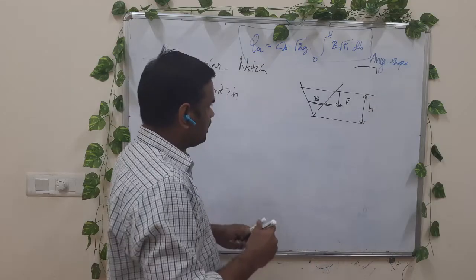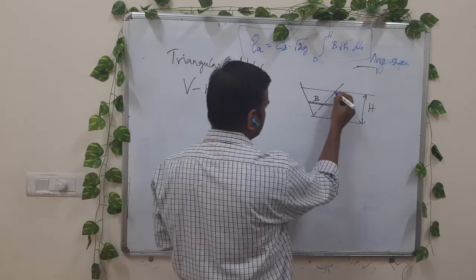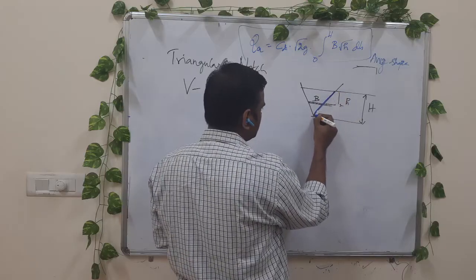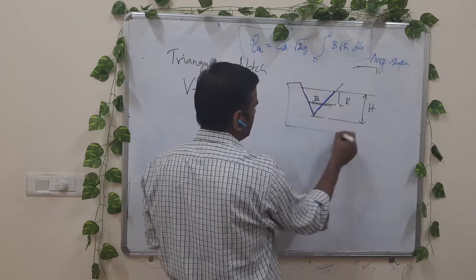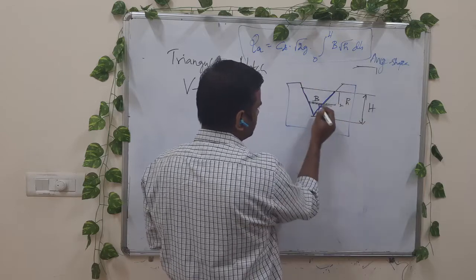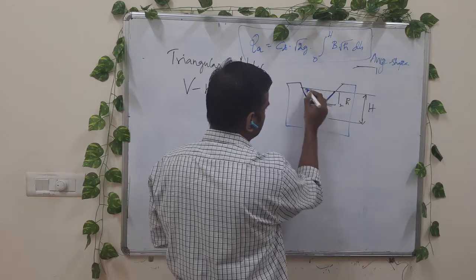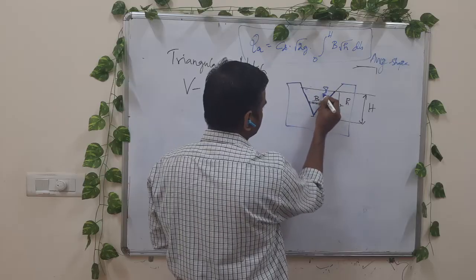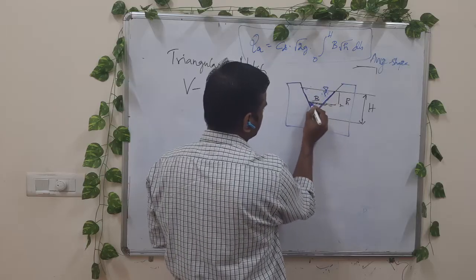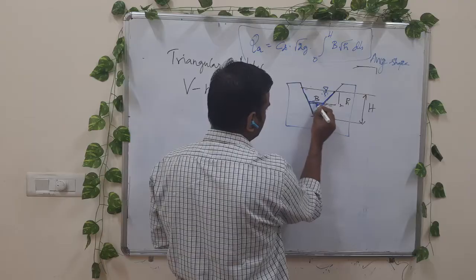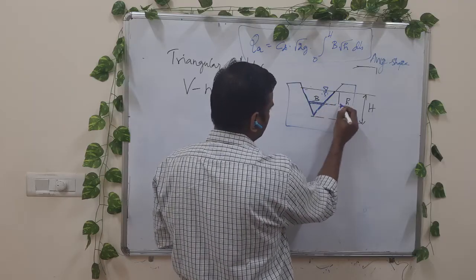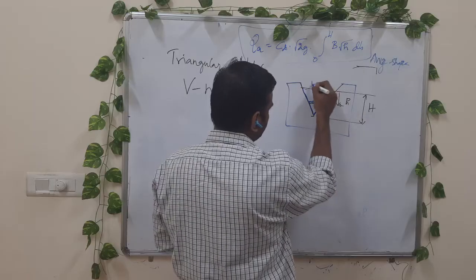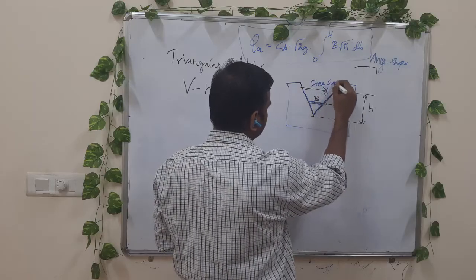So we are having fluid. What is this? Sill or crest. The fluid is flowing over this metallic opening. It's a metallic plate. We have fluid up to this level. So we consider a small fluid element with width B, which is at a distance of small h meters from the free surface. Again we have a free surface.